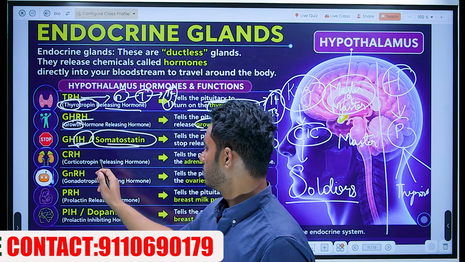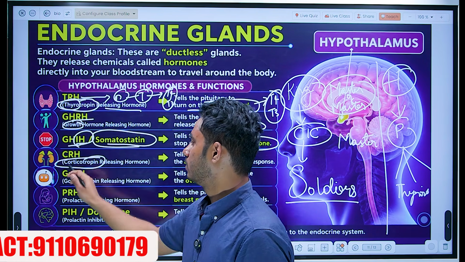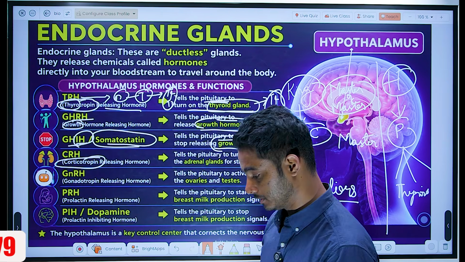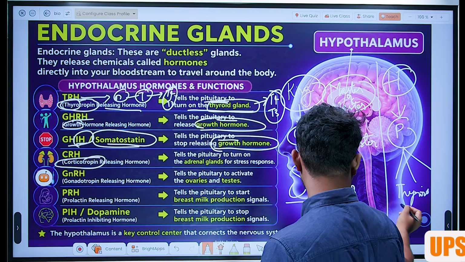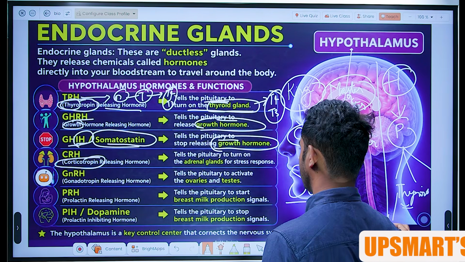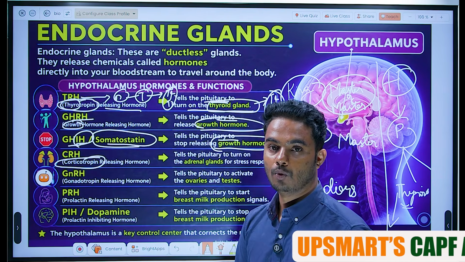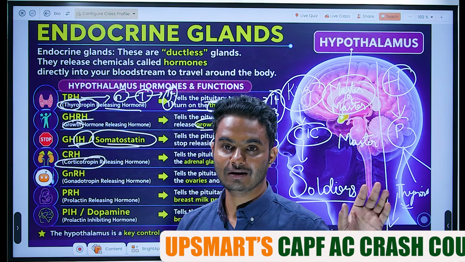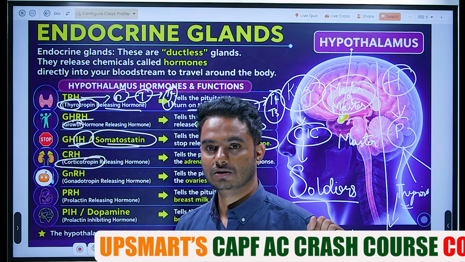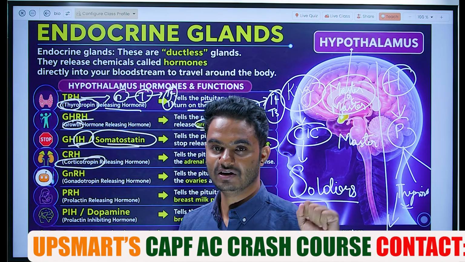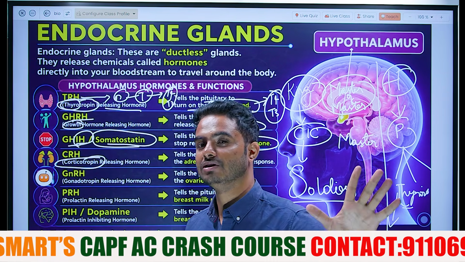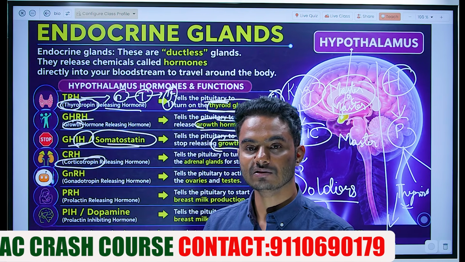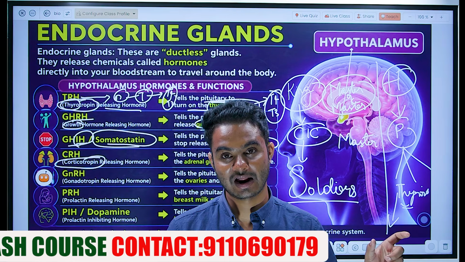Okay. Next is corticotropin, sir. What is corticotropin, sir? Just like there is one thyroid gland, there is another gland called the adrenal glands. You have heard the word adrenal rush, right? Adrenal rush. Doing something in a very hurry or very excited, with very great efficiency, in a very fast manner. This is called adrenal rush, because it is named after the adrenal gland.